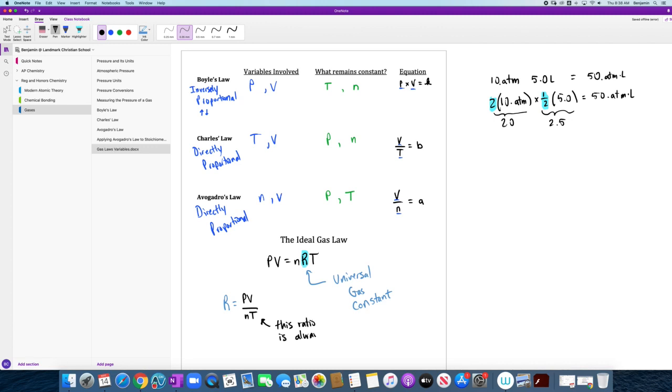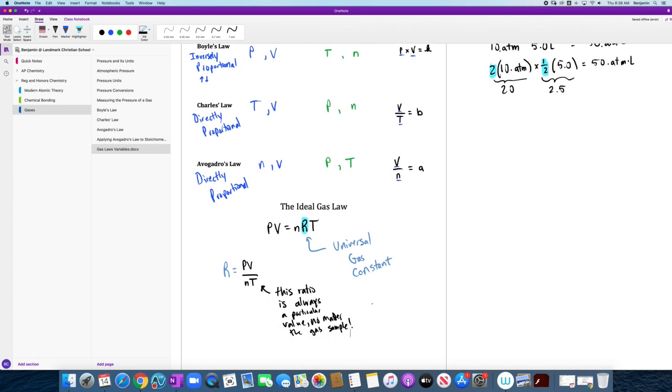It's always a particular value, no matter your gas sample. Okay, so that's pretty striking, actually. There's this number, this gas constant value that's hiding in nature. And it has kind of a strange value.